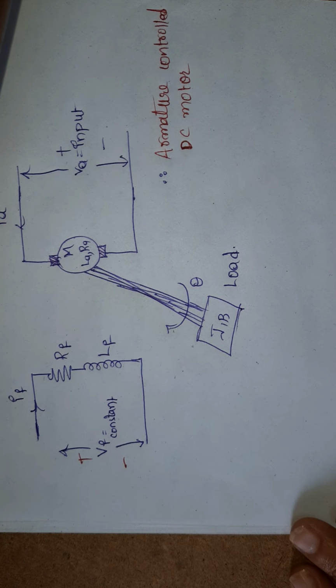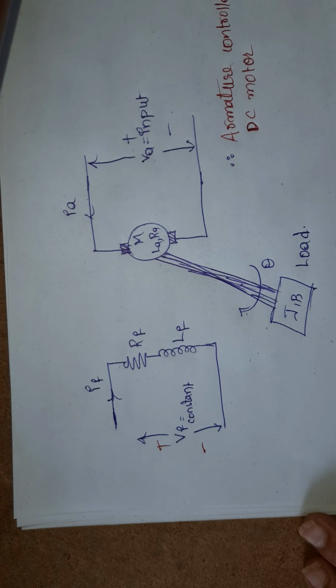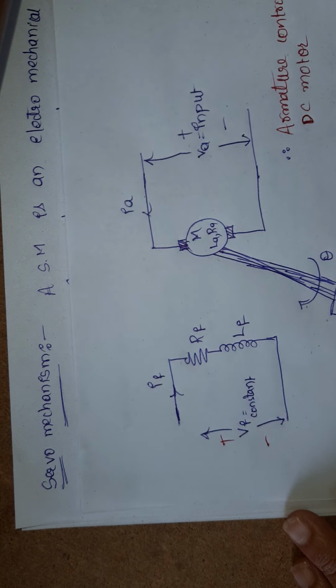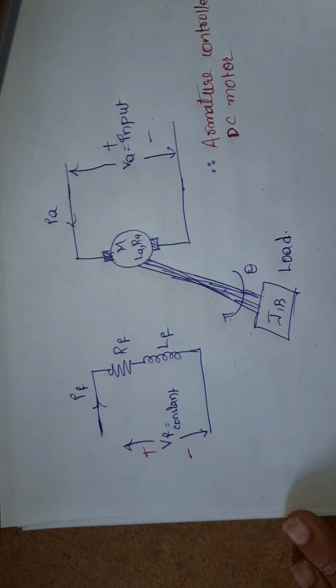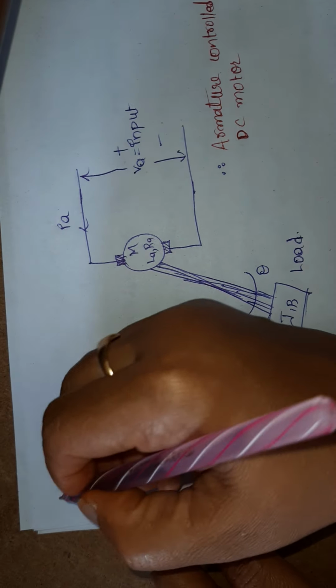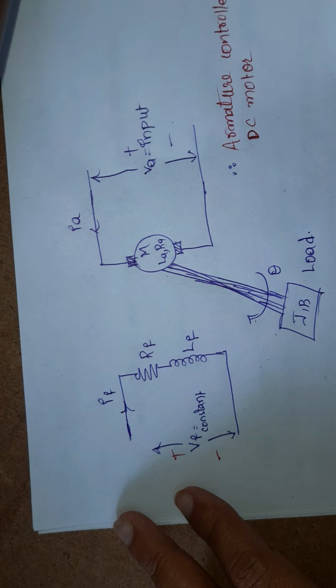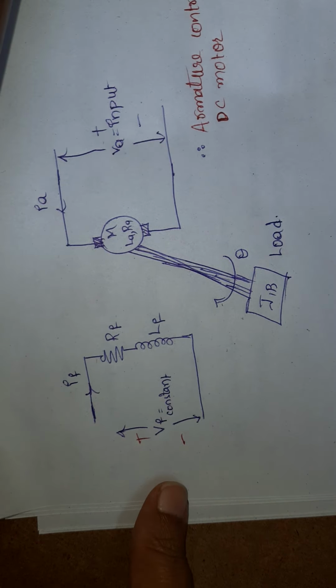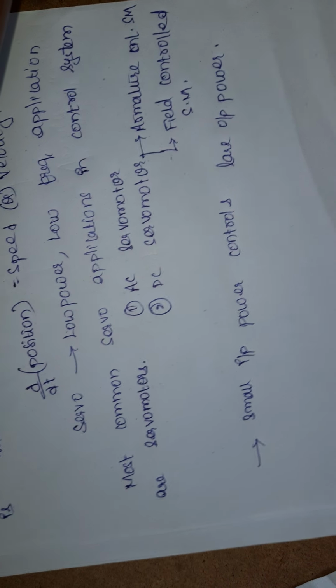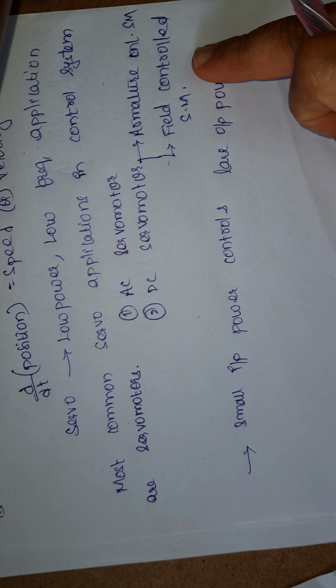Next, so here this is a diagram. Till now we have discussed what is servo mechanism and what are the types of servo mechanisms. Now we have entered into the DC servo motors. Okay, and we already discussed that DC servo motors are divided into two, that is armature controlled DC servo motor and field controlled DC servo motor.